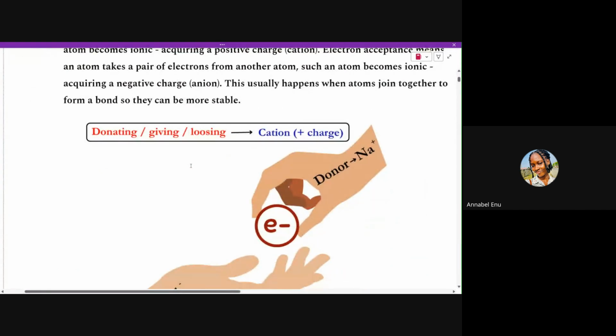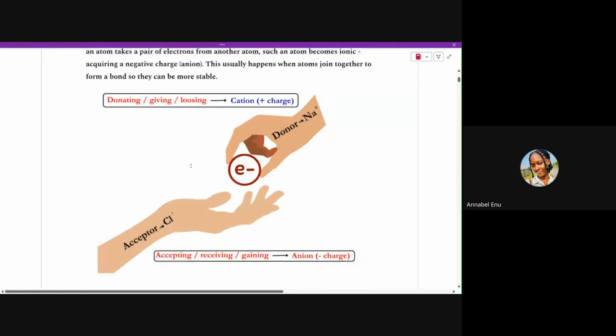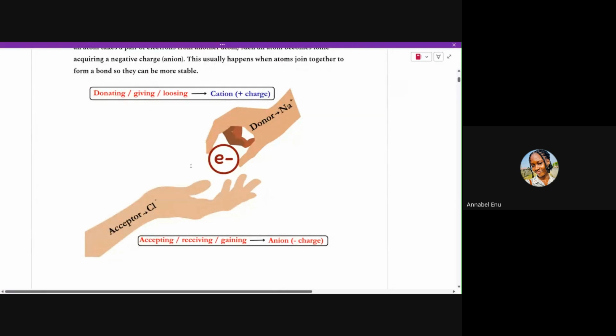When we see this image here, this is a typical example of how ionic bonding operates. Okay, so for example, let us say this is our periodic table. We know that this is group 1. We have hydrogen, helium, then we have lithium, beryllium, boron, carbon, and the rest of them.